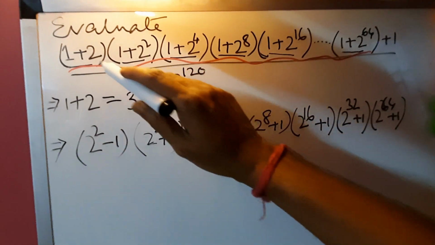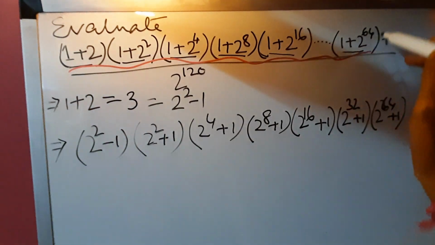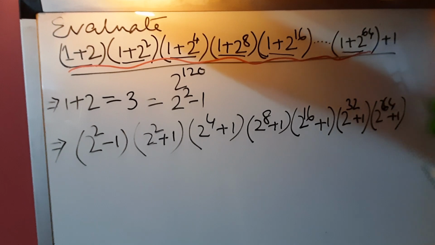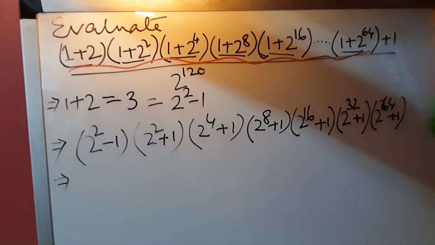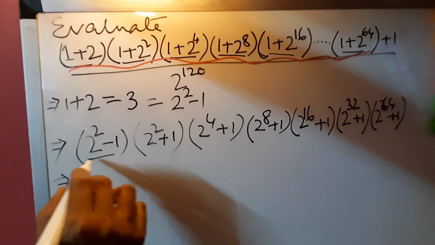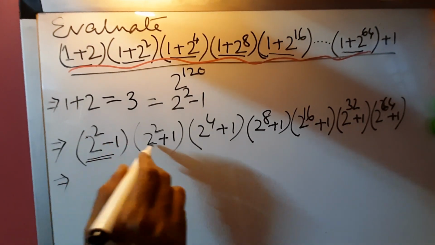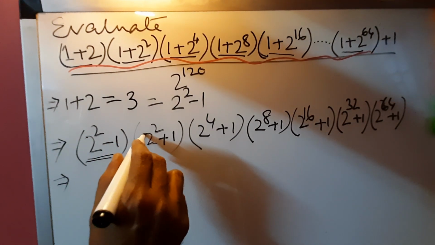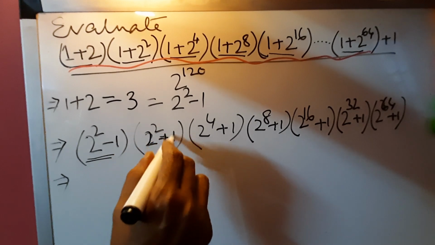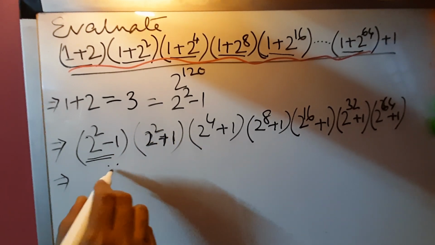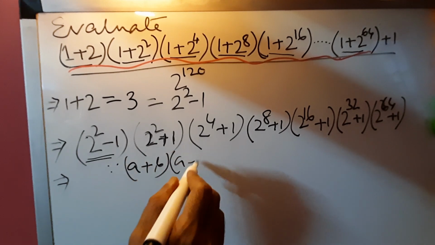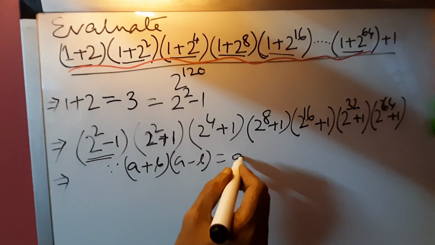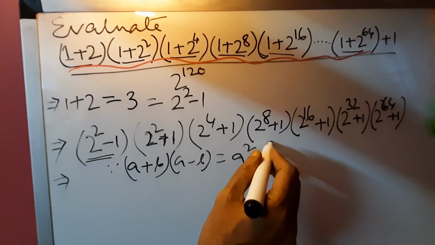First I am simplifying this part. The first part we can easily evaluate: 2 to the power 2 minus 1 into 2 to the power 2 plus 1. If we apply the formula (a plus b) into (a minus b), this will become a square minus b square.